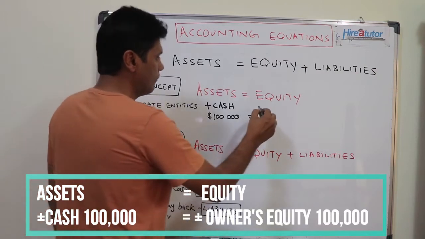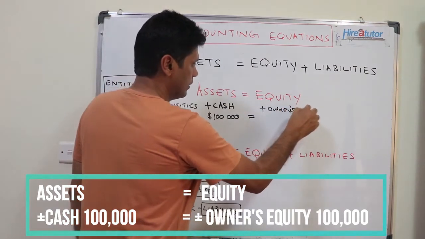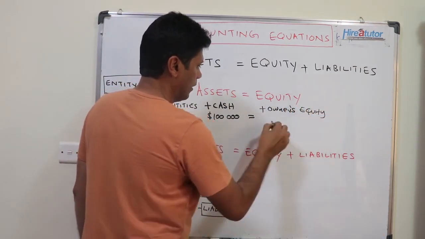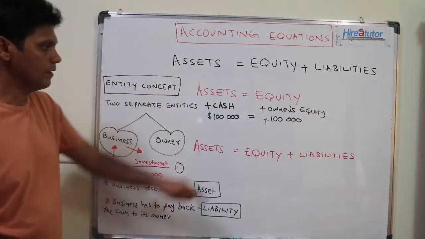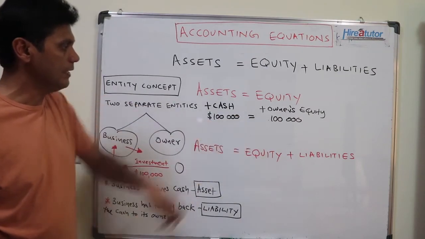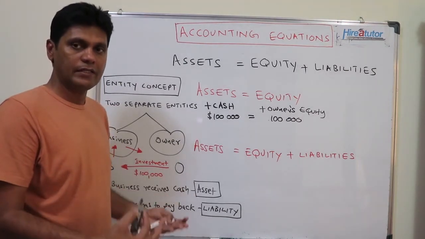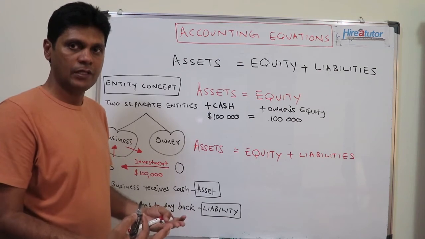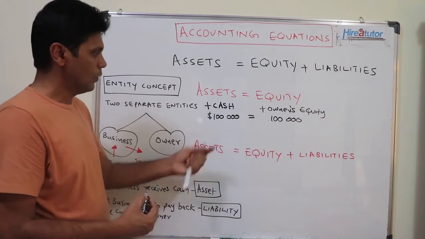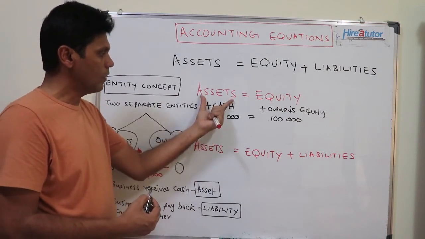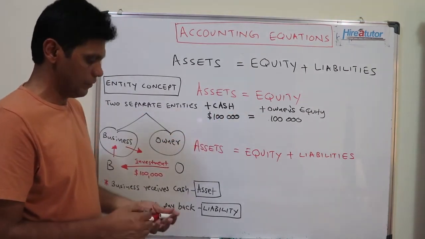So the owner's equity balance also increases by 100,000. Thereby, at any given time, if you look at the balance sheet of a business, the assets will be equal to the equity. This is how the formula is developed.